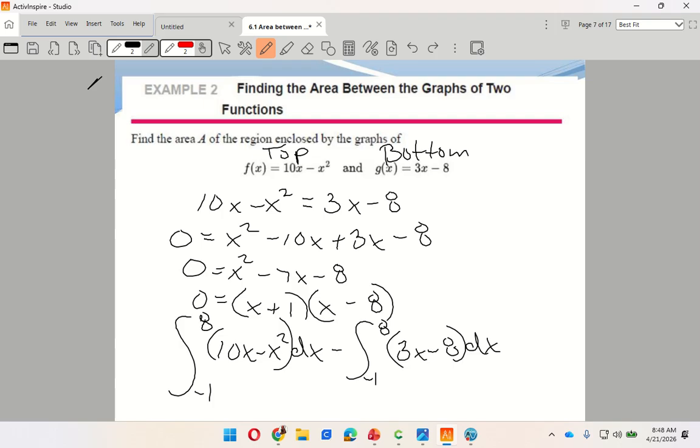Okay, so that means you're starting off with a negative x squared plus 10x minus 3x plus 8 equals 0. Yeah. But what's the problem with this one right here? My leading coefficient is negative.